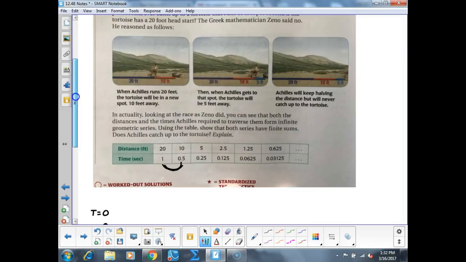So eventually when this goes to 0, this also goes to 0. But this goes to 0 at t equals 2. So that 2 seconds is both at the exact same time.